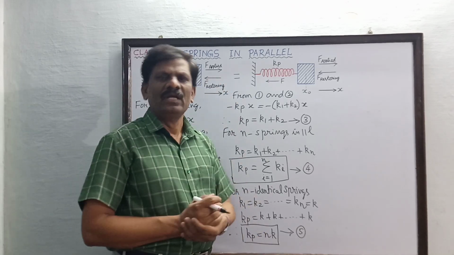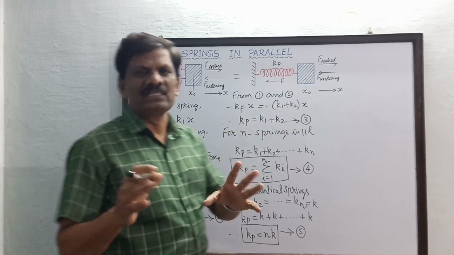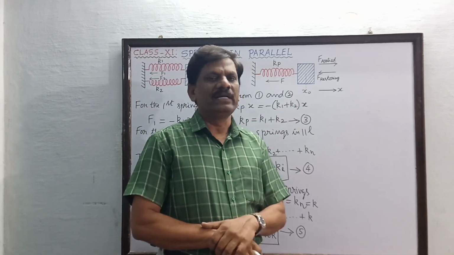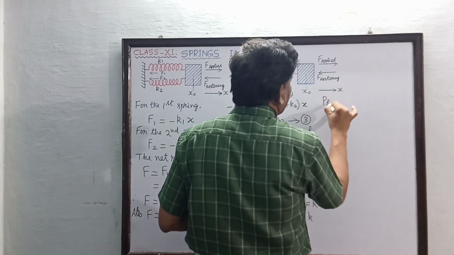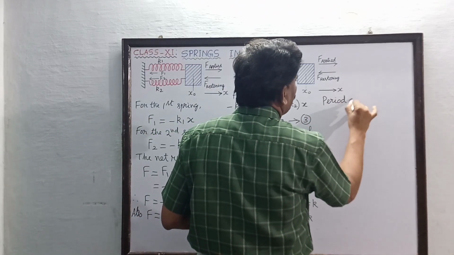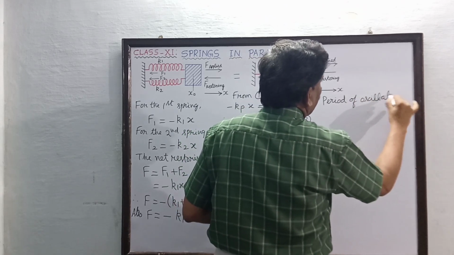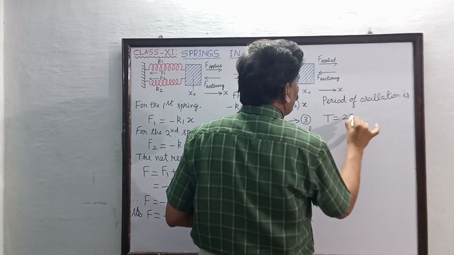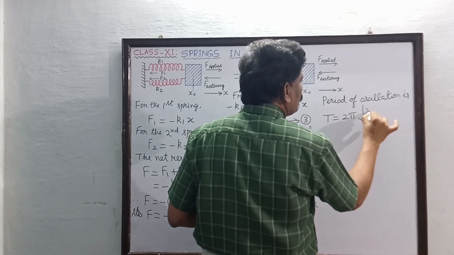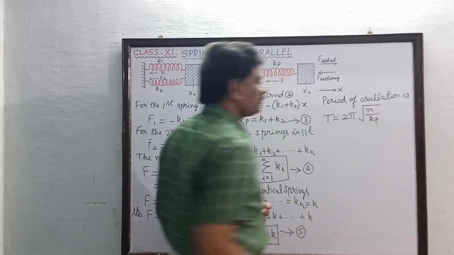As usual, what we have to derive at the end are the expressions for the period of oscillation and the frequency of oscillation. So now we write the expression for the period of oscillation. T is equal to 2 pi into square root of m divided by K parallel.